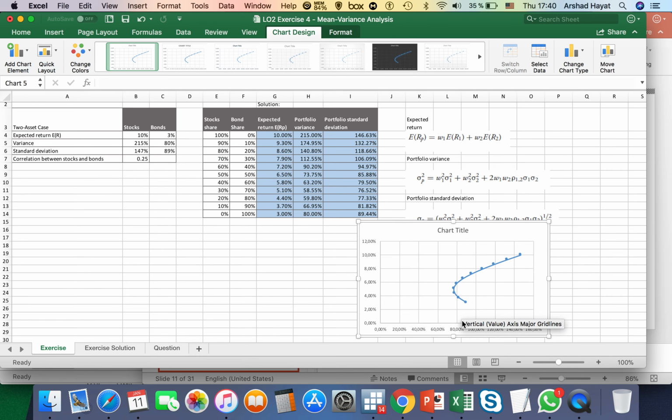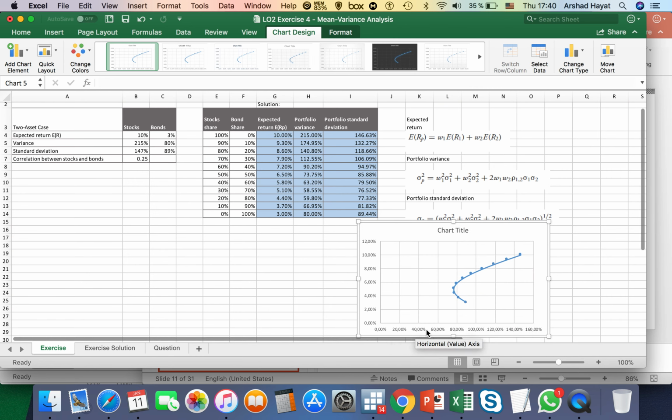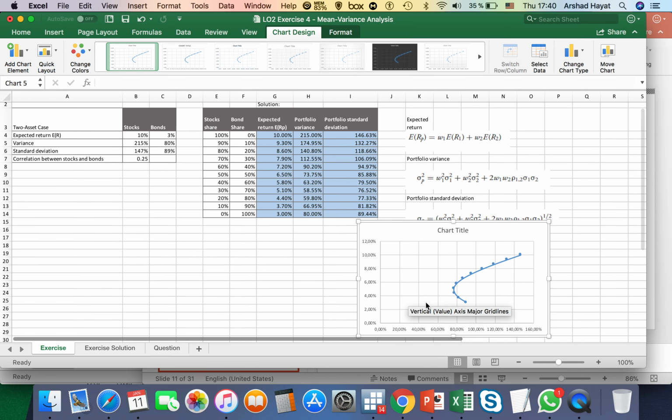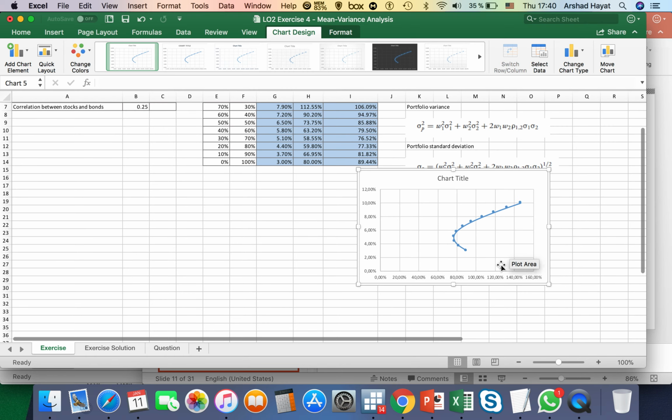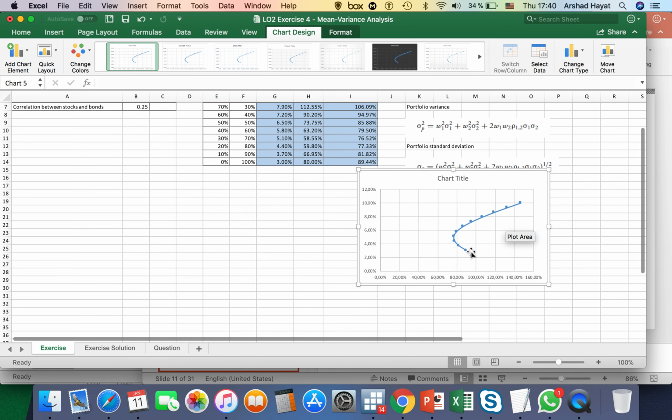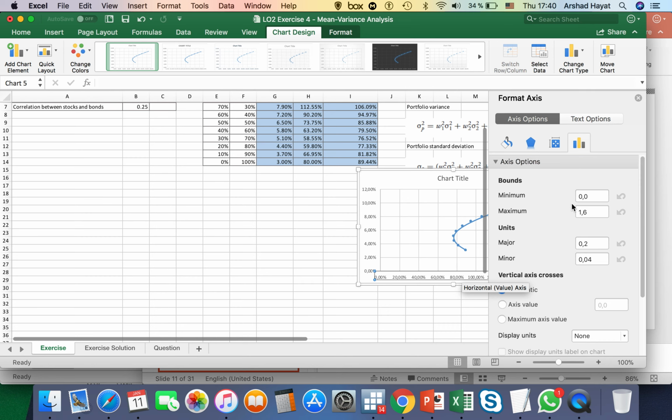We can see that it is starting from 0%, so we want this to be starting from somewhere around here so that we can see the graph more properly. So let's just click this. Let's look at these numbers and click on this, and let's just start this from 0.8.